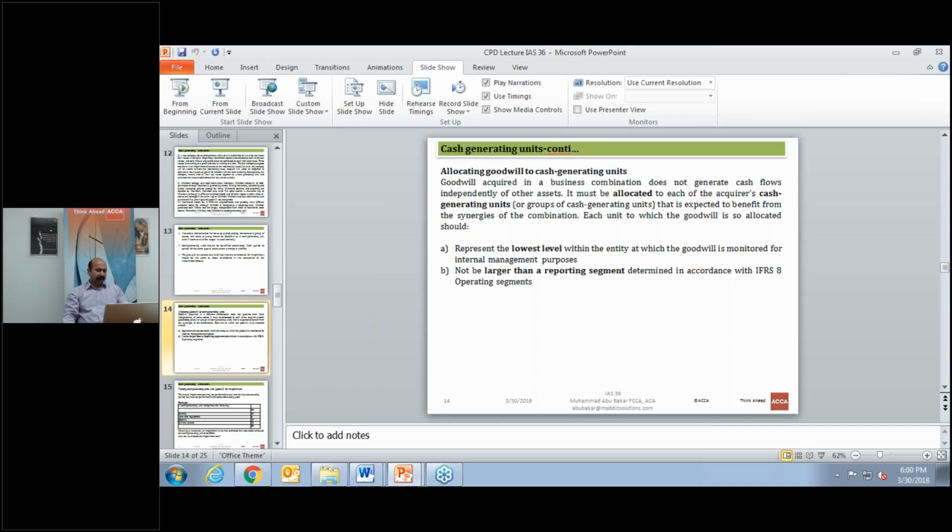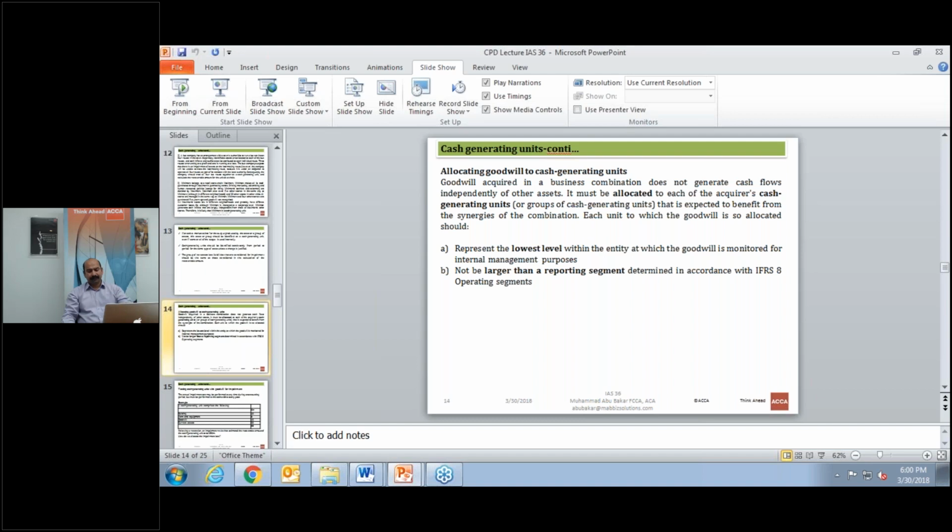Hamid, when you calculate impairment on an asset where you are using the revaluation model, that impairment will be treated as a revaluation decrease. Simply a revaluation decrease.